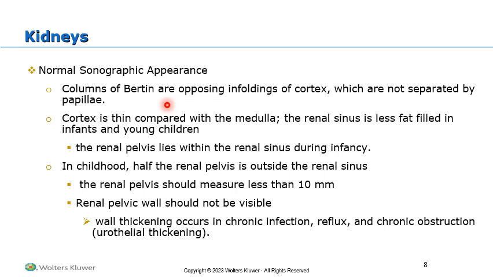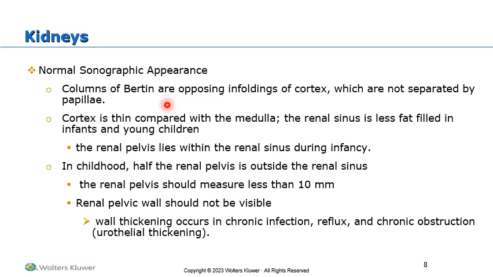So what we may refer to in an adult population as an extrarenal pelvis would be expected in the pediatric population. The renal pelvis should measure less than 10 millimeters, which would be 1 centimeter, in AP dimension. So if you have your transverse and you're measuring across the renal pelvis, it should be about 1 centimeter. More than that would be indicative of a little bit of hydronephrosis.